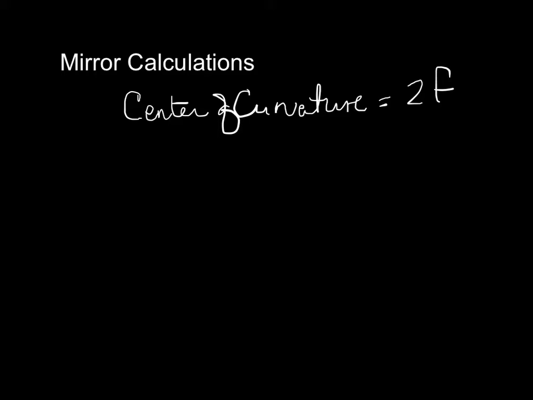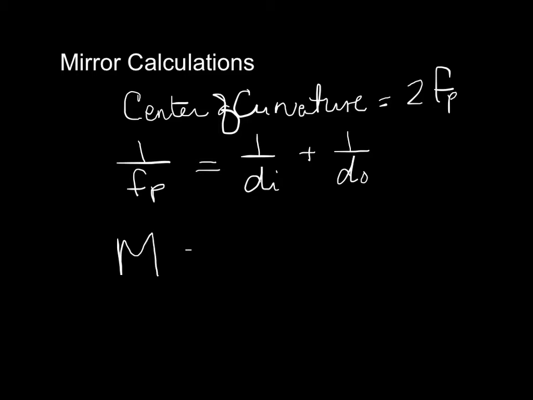The other thing you need to know is that 1 over your focal point, and let's make those focal points f so that we don't get them confused with frequency, is 1 over di, which is your distance to your image, plus 1 over do. And then to get our magnification, that's negative di over do, or it's hi over ho.